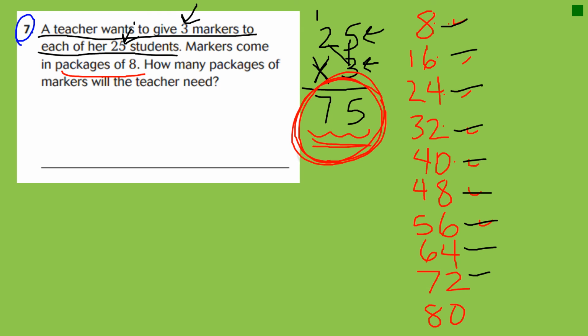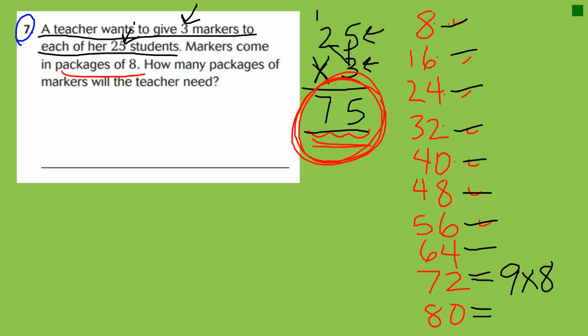If she buys 9 packages of 8 markers, is she going to have enough? Nope. She won't have 75. She'll only have 72. And there'll be some little child who didn't get markers. So the teacher can't do that, right?